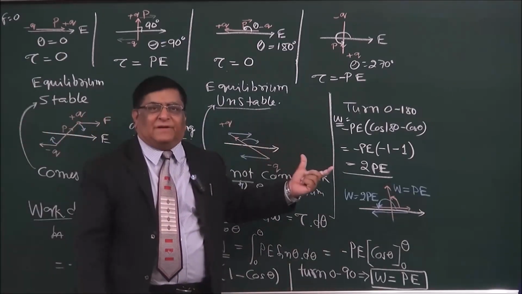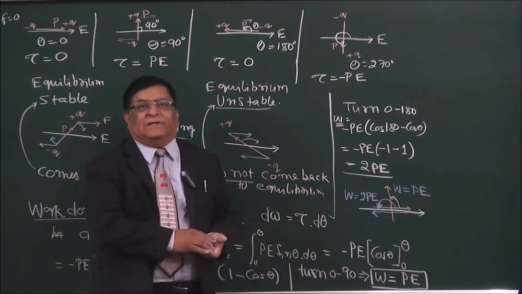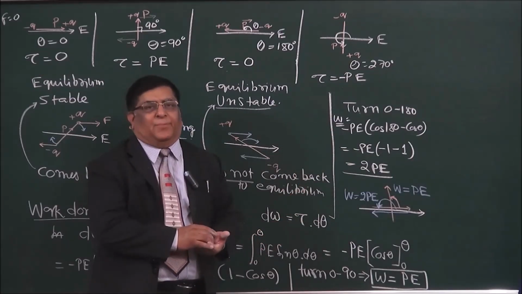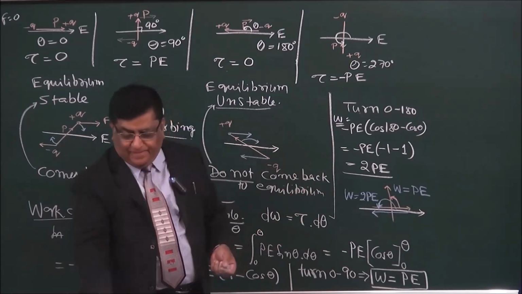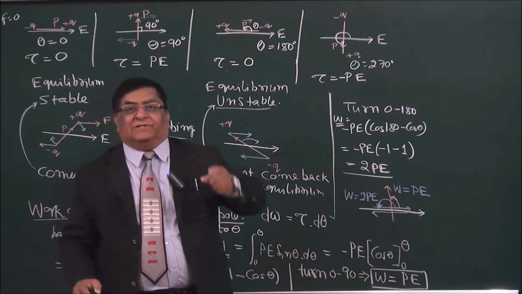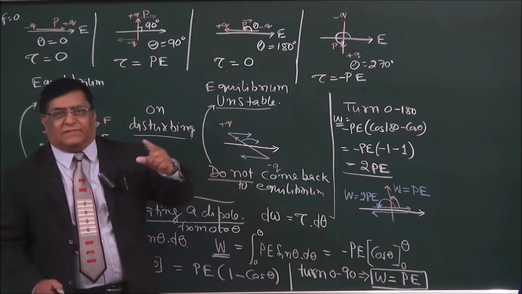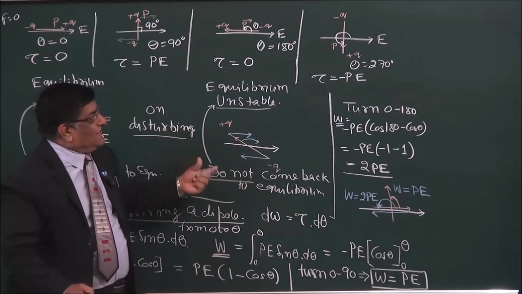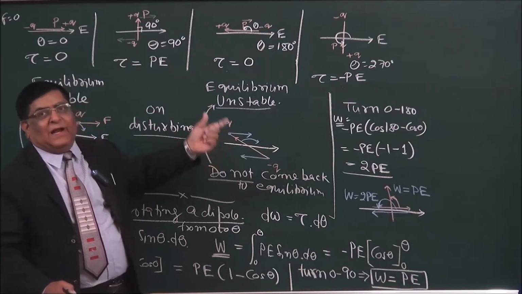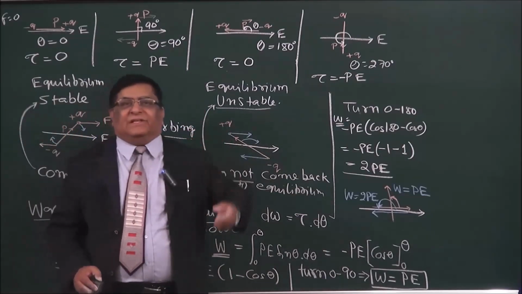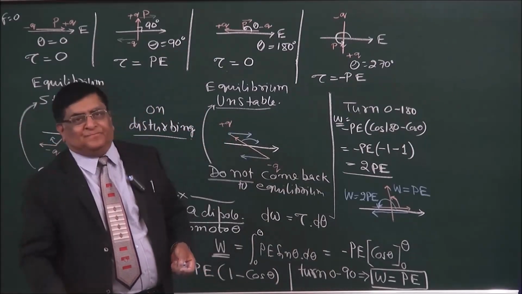First we will write the definition and then we will calculate it. What is the potential energy of a dipole at any location and how will this potential energy change? So far we have done the force, the torque, and how much work is done when it is rotated, and now we will do the changes in energy.